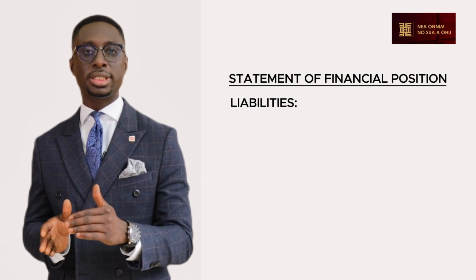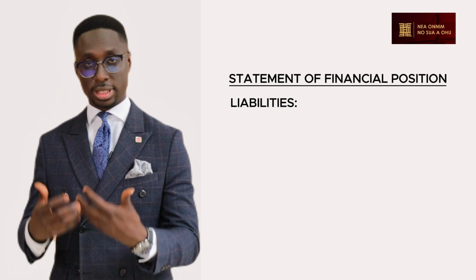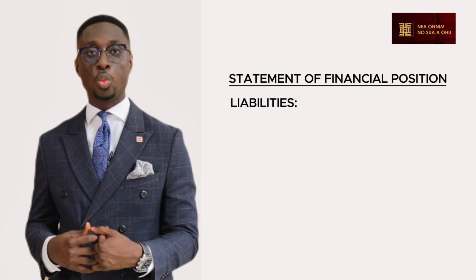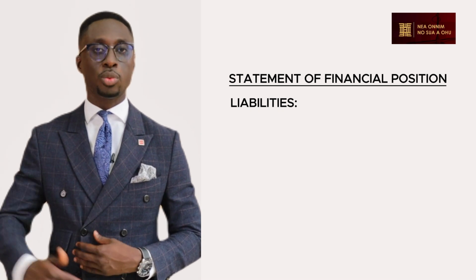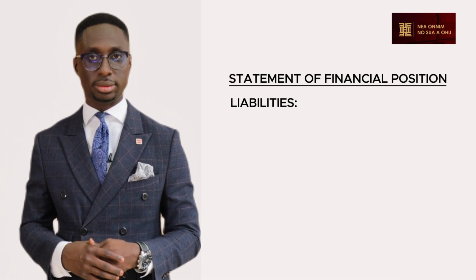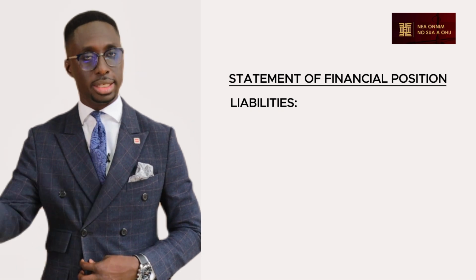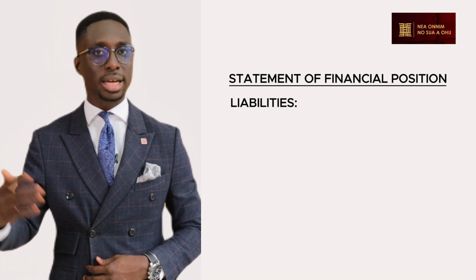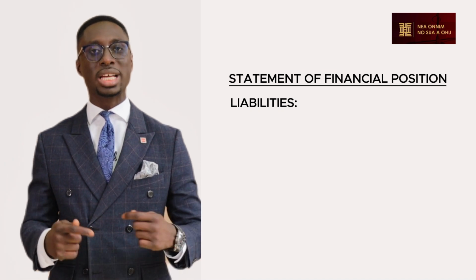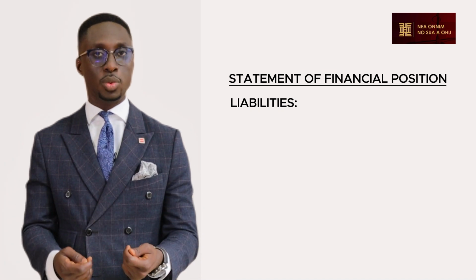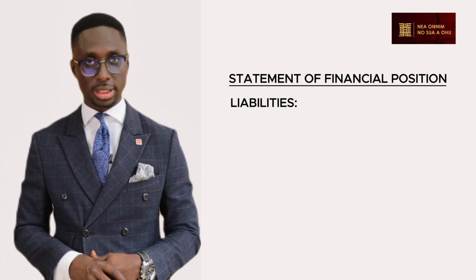Non-current liabilities are those obligations of the company or business which will fall due beyond one accounting cycle, which is they will become due after a year. So they are non-current liabilities. What that means is the business will not have to pay for them within the next accounting cycle or the next accounting year.